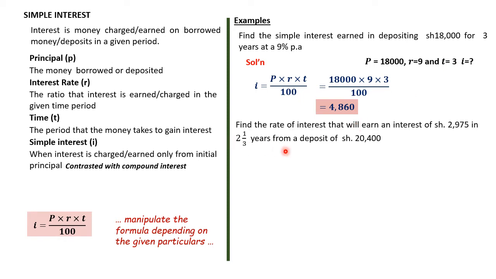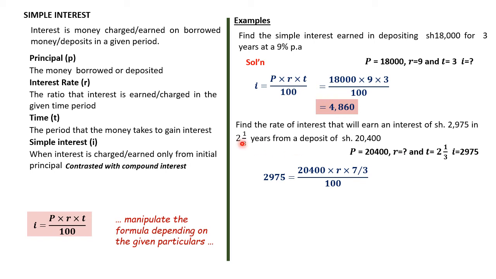We're told also in another question, find the rate of interest that will earn an interest of 2,975 in 2 and 1/3 years from a deposit of 20,400. So find the rate of interest. What do we do? We are given in this question the principal, the time, and the simple interest. So we want the rate. We just put the values in the formula and continue.